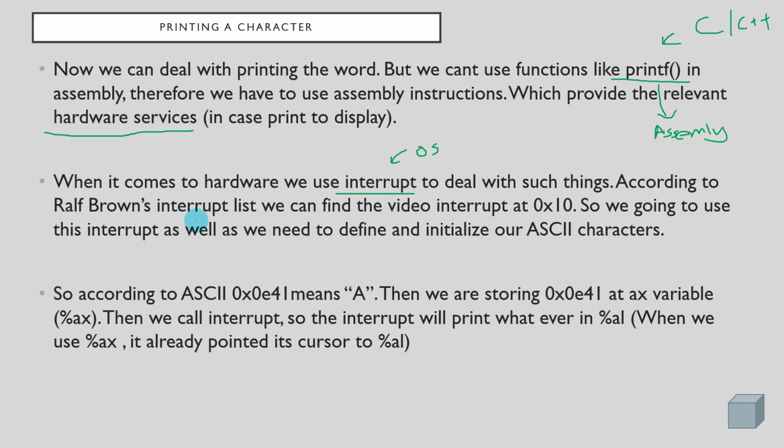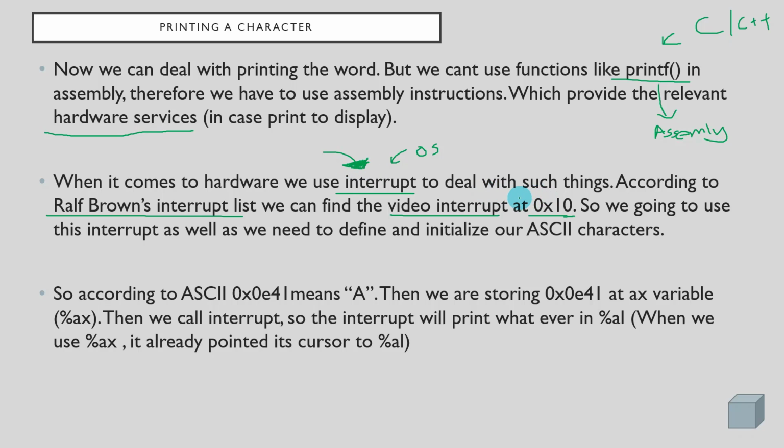According to Ralph Brown's interrupt list, the video interrupt is 0x10. This video interrupt basically means to print some value. And remember, when we call an interrupt, it only deals with specific registers, so we can't use other registers.